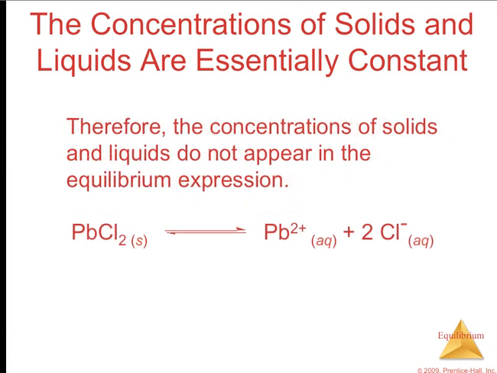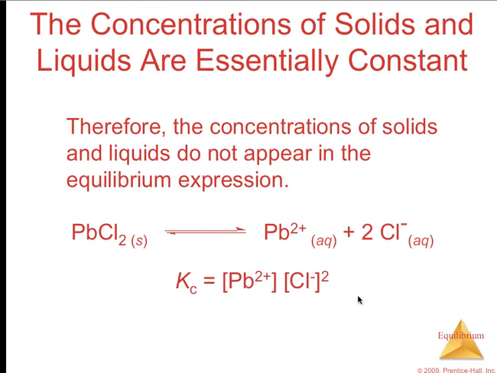So when we have a solid or a liquid in equilibrium, the concentration of those solids or those liquids, because they are not changing, do not appear in the equilibrium expression. So in this, I have a solid, lead 2 chloride, in equilibrium with the lead ion and the chloride ion.